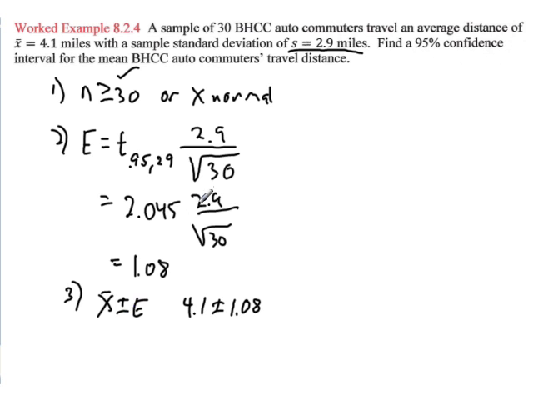So a 95% confidence interval for the mean BHCC autocommuter's travel distance is 4.1 minus 1.08, which gives us 3.02 to 4.1 plus 1.08, which gives us 5.18 miles.